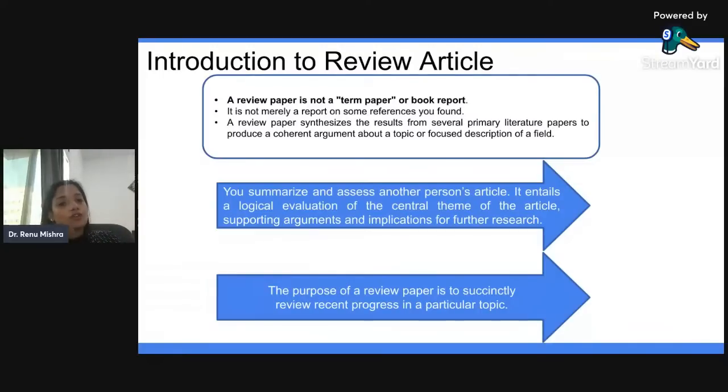This kind of logical reasoning you give in your review article after reviewing the literature. This is just an example for the methodology. You may give it for the literature review also chosen by the previous researchers.